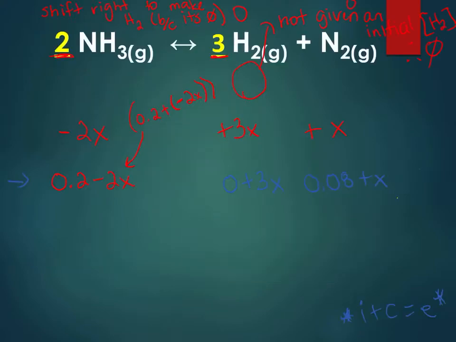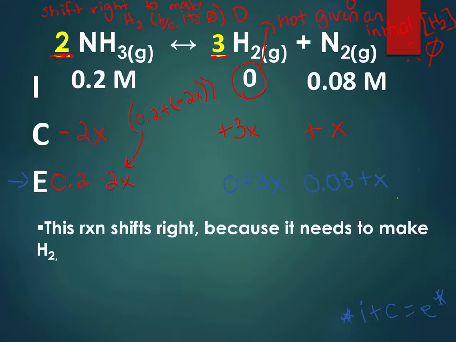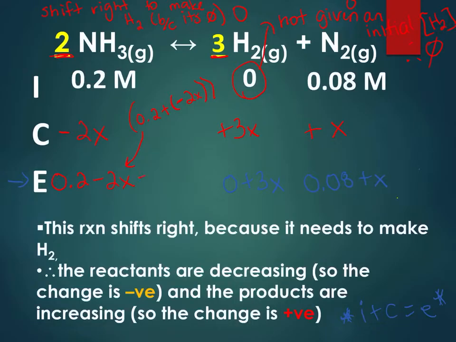There it is, 0.156. Okay, so we do know what it is at equilibrium. So we can use that in our ICE table.